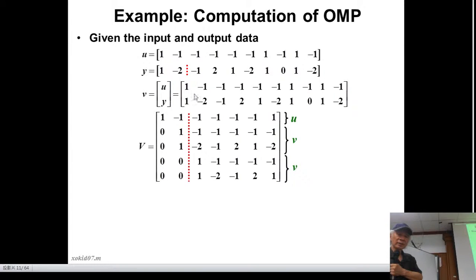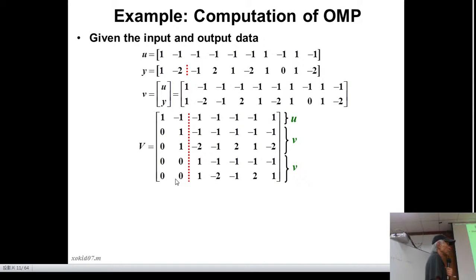That red dot means these two numbers, y1 and y0, these two data, 1 and minus 2, involve some data before time equal to 0, that is, the data 0, 0, 0, 0.